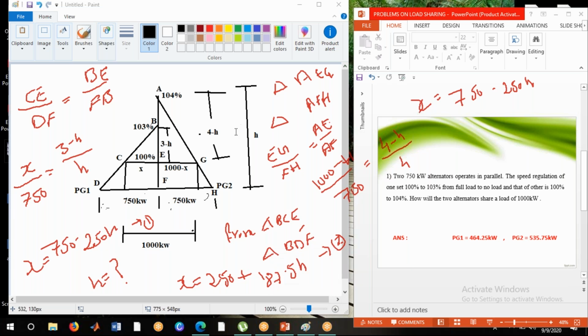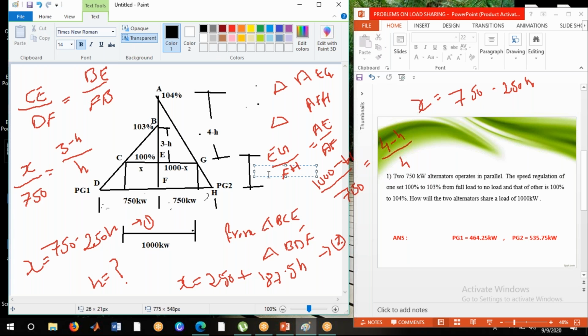So here H is not for the total. This is for the weight actually. So this was the distance from here to here. So this is H from AF.